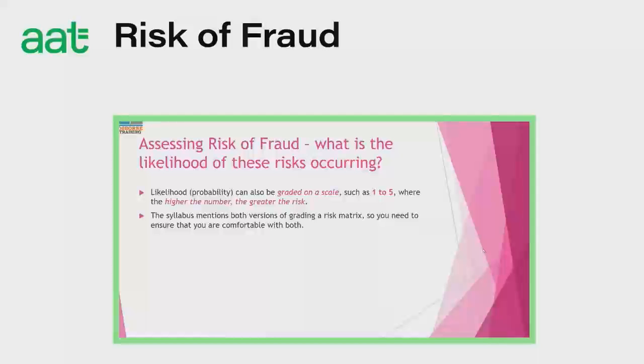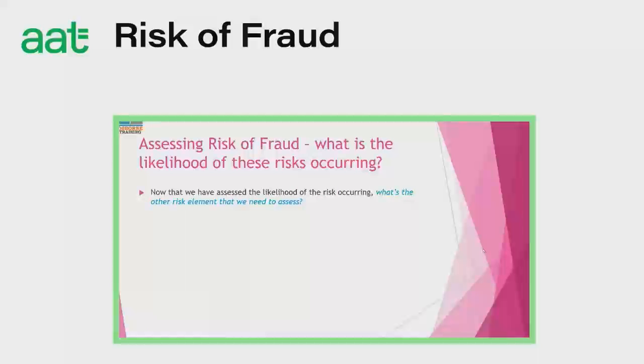So you need to be sure that you are comfortable with both versions. Okay, so in other words, the high, medium, low, or our numerical grading there. Okay, so that is how we assess the likelihood of these risks occurring.